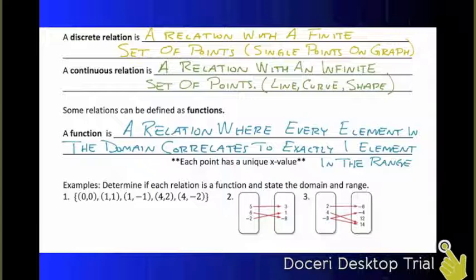So that means that for every x value, there's only one y value. You can't have any x value repeated with more than one element in the range.